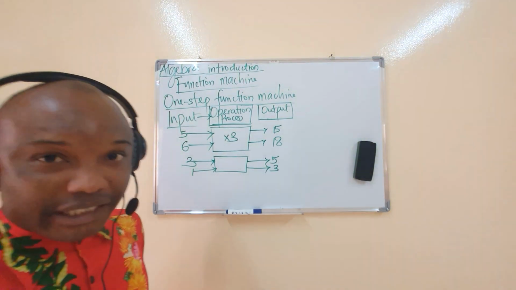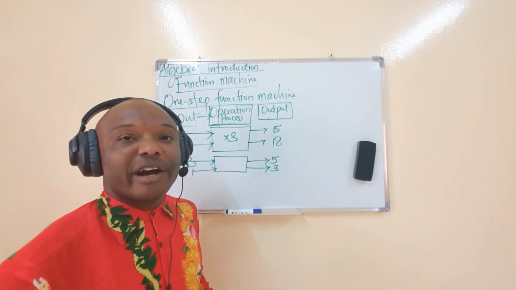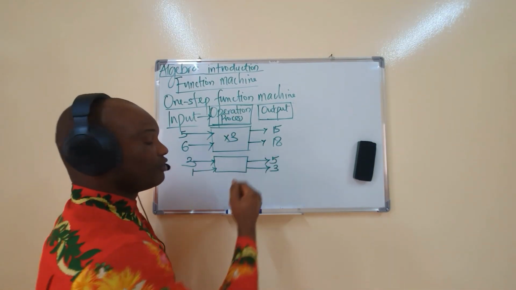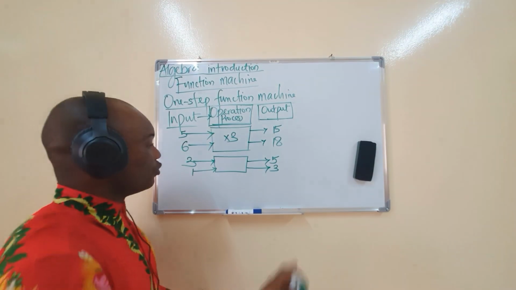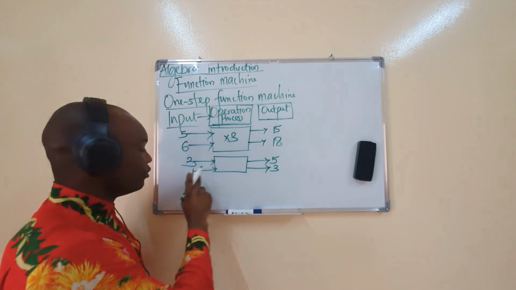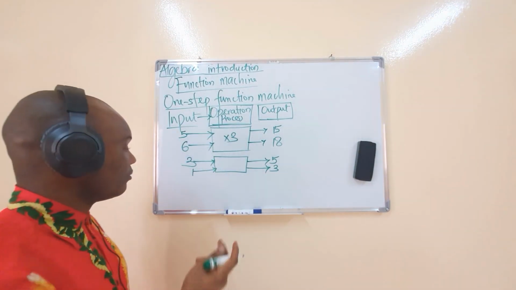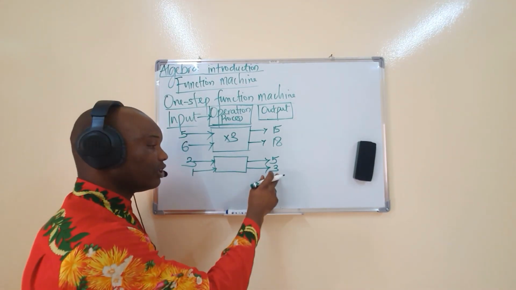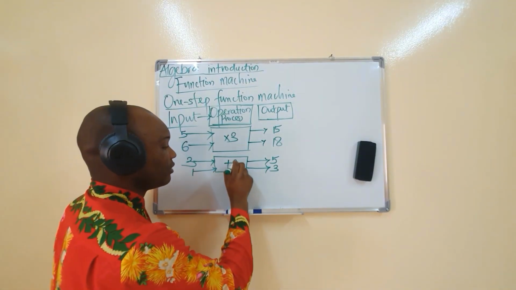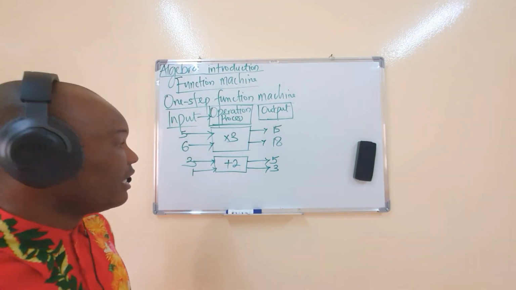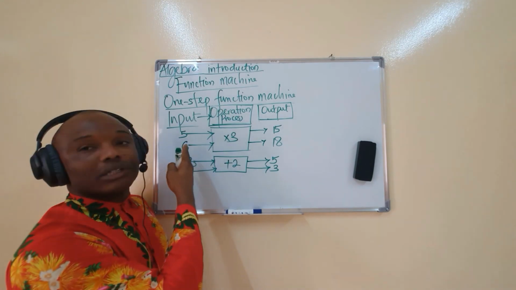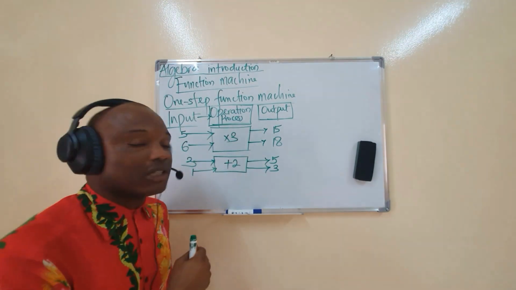Now, obviously, you would be thinking about it, and I believe you have found the answer. See, how did 3 change to 5? 3 must have changed to 5 when we added 2 to it. But don't just write 2, test the next one to see if it's true. How did 1 change to 3? 1 can only change to 3 when you add the same 2 to it. Did you see that? We have been able to fill in the process stage, given that we know the input and the output of what we are solving.